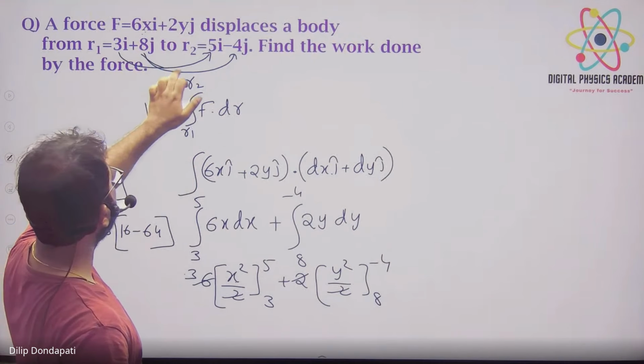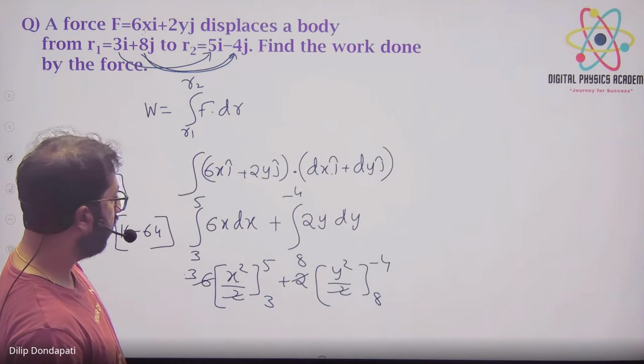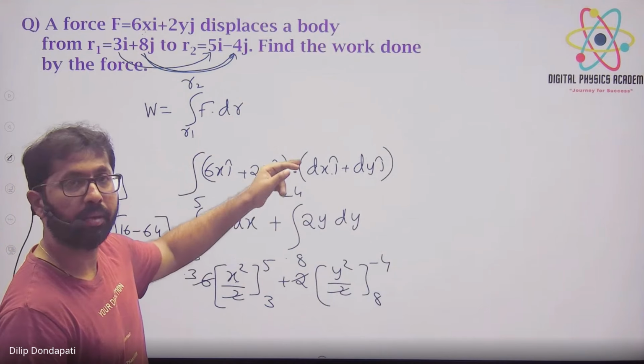So 48. Sir, why is there an 8, sir? देखो, limits are from 8 to -4, right? Lower limit and upper limit we are using.